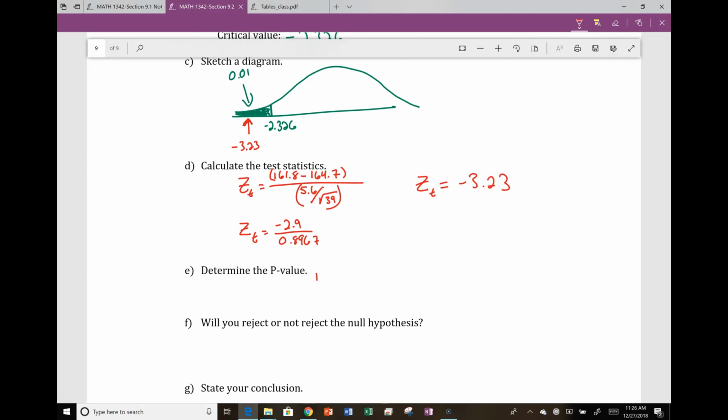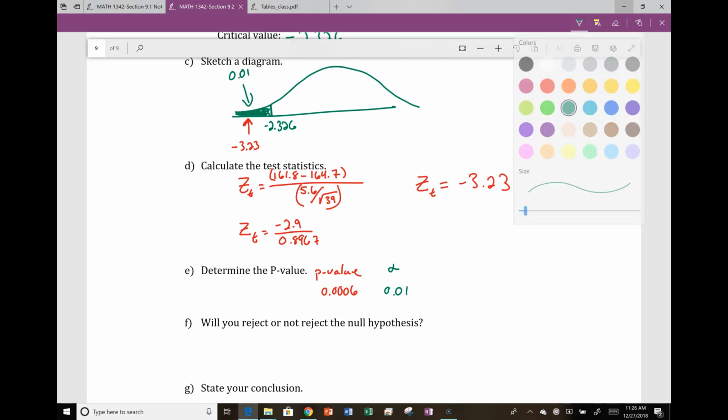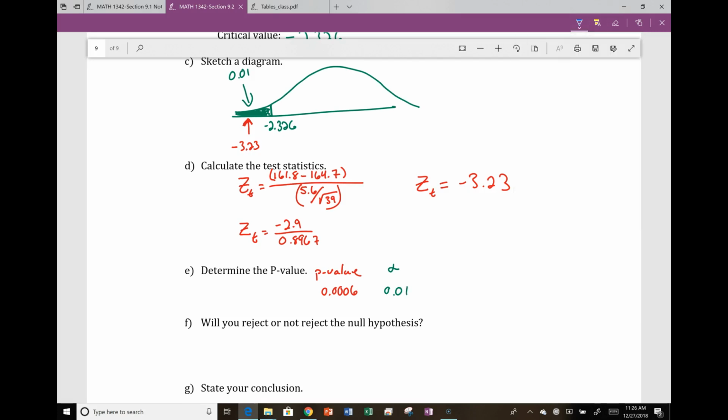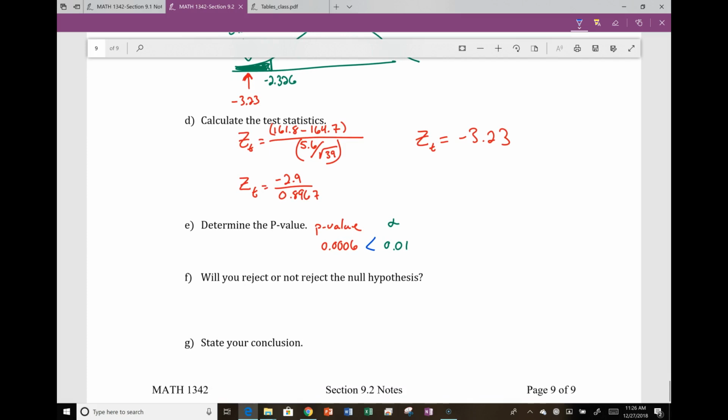So my p-value is 0.0006. My alpha was 0.01. Looking at this, the alpha is larger, so the p-value is less than, so we reject the null hypothesis.